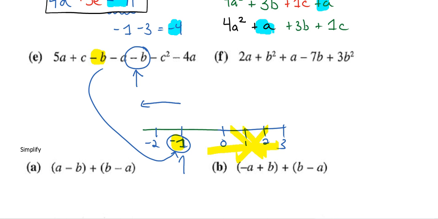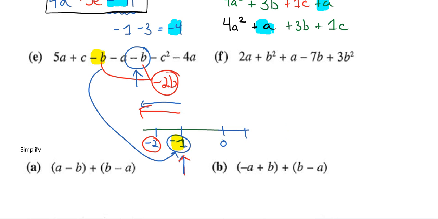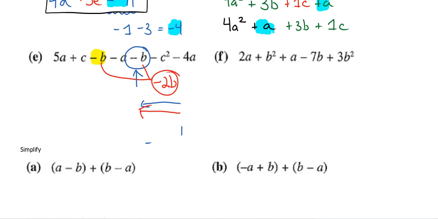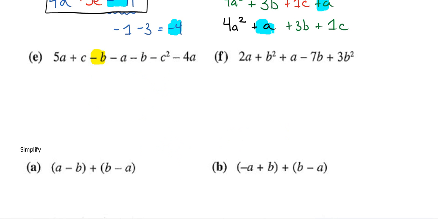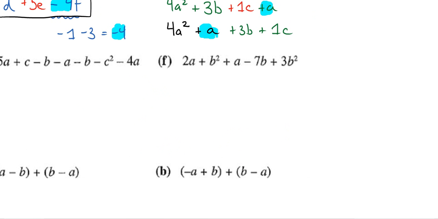I'm becoming more negative. So I end up at negative 2, and that's how I get this negative 2b when I combine those two. Okay, I'm sorry that was a bit messy, but I just want to emphasize that when you take away a negative number from a negative number, you're actually becoming more negative and not positive. All right, let's move on now.